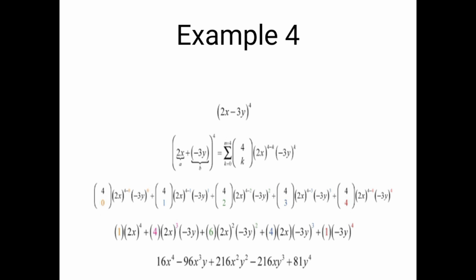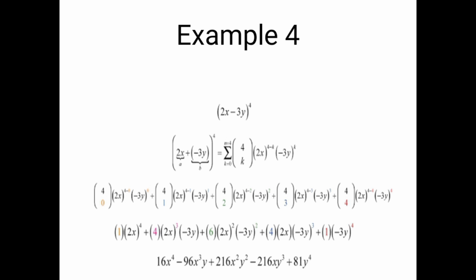In compact form of the binomial theorem, we're going to have the summation of 4 combination k times (2x) raised to the power 4 minus k times (minus 3y) raised to the power k, where k goes from 0 to 4. Now when k is 0, we have 4 combination 0. When k is 1, we have 4 combination 1. When k is 2, we have 4 combination 2. When k is 3, we have 4 combination 3. When k is 4, we have 4 combination 4.